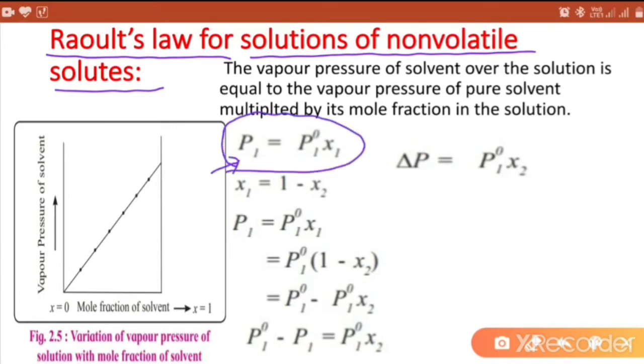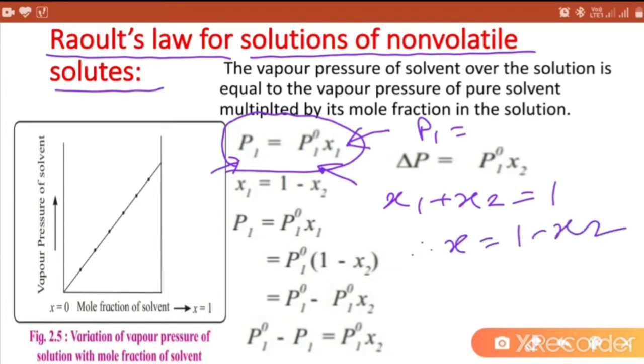This P1 is the partial vapor pressure, P1 0 is the vapor pressure of the pure component, and x1 is the mole fraction of the component. And we know x1 plus x2 is always 1. Therefore, x1 becomes 1 minus x2.